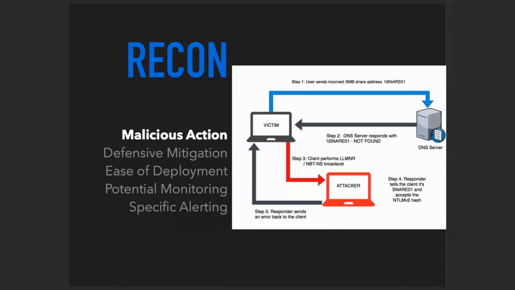So if that query fails, say you don't have a wpad.dat file out there, or it is looking for a DNS entry for that proxy server that doesn't exist, Responder can spoof those as well and respond to the non-existent name that's out there.